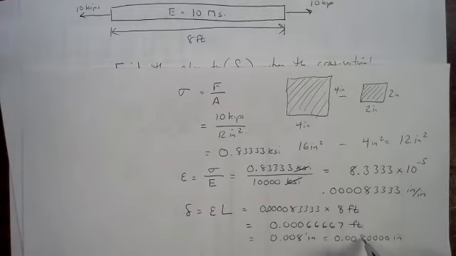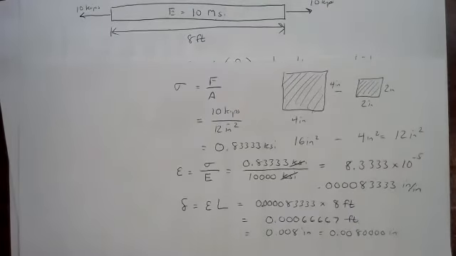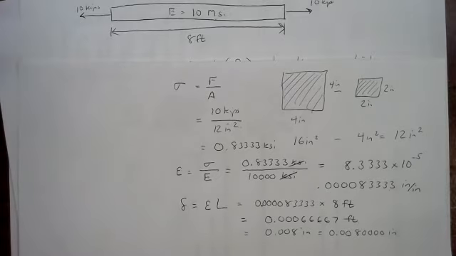But because this came out exact on my calculator, I dropped those extra zeros. If you were to round this off, 3 sig figs wouldn't be bad, so 0.00800. And if I left it in feet and rounded to 3 sig figs, it would be 0.000667 feet.